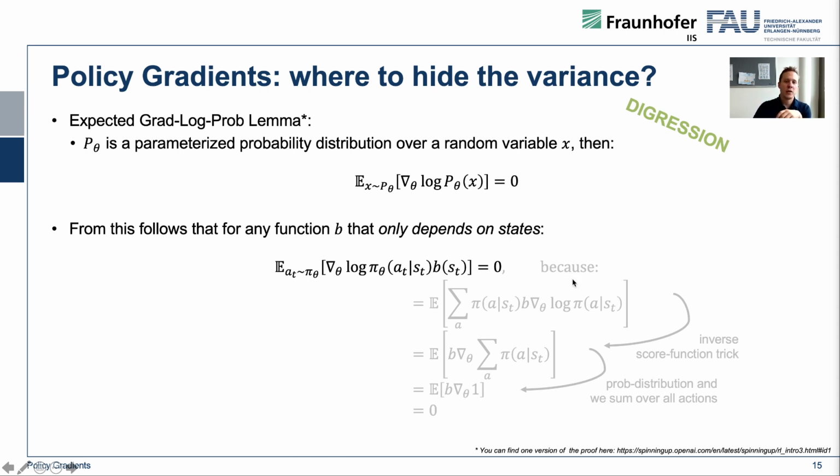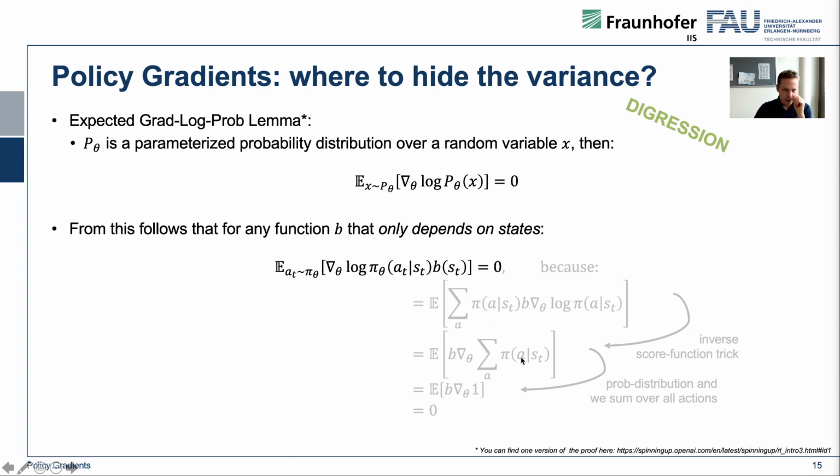This is 0 because of the following. We can reformulate this as the expectation, taking the sum of the expectation, and we apply the inverse score function trick. This is the same as we did in the policy gradient derivation in the beginning of this lecture.